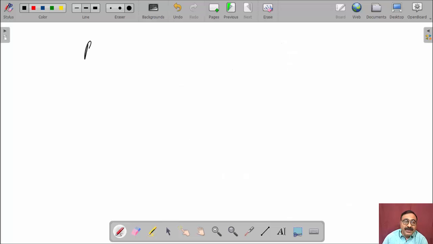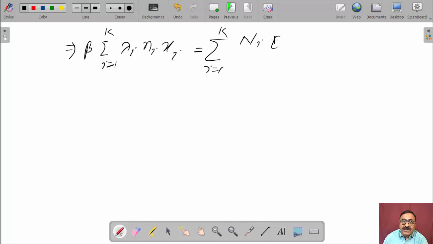Now this implies beta summation i equal to 1 to k lambda i ni xi equal to summation i equal to 1 to k ni times expectation of y ni bar by n, because expectation of y ni bar equal to capital Y ni bar.